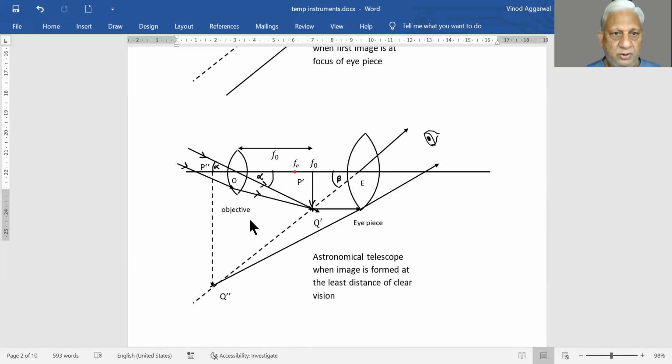Now let's define some points. This point where the parallel rays meet is the focal point of the objective. This is the focal point of the eyepiece. Let these parallel rays make an angle alpha with the axis, and let this image make an angle beta with the axis.